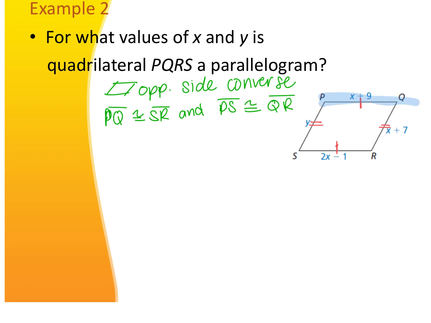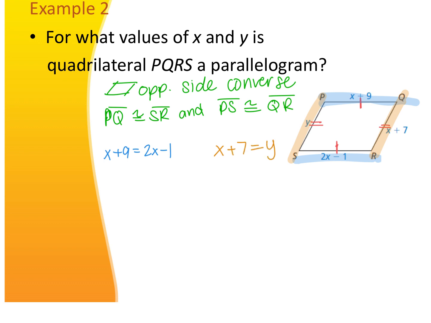I'm going to solve this side first because I need to solve for X in order to solve for Y. So I have x plus 9 equals 2x minus 1. And then I have to solve the other side to plug in my x for y. So once I get that answer, plug it in for x plus 7. And then that's going to give me my y.